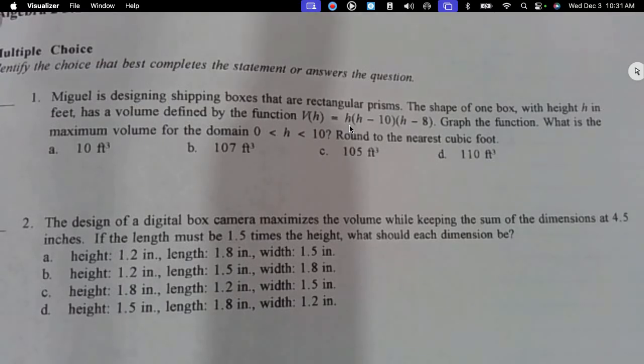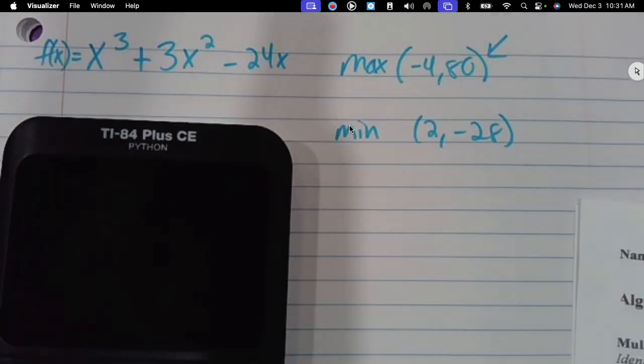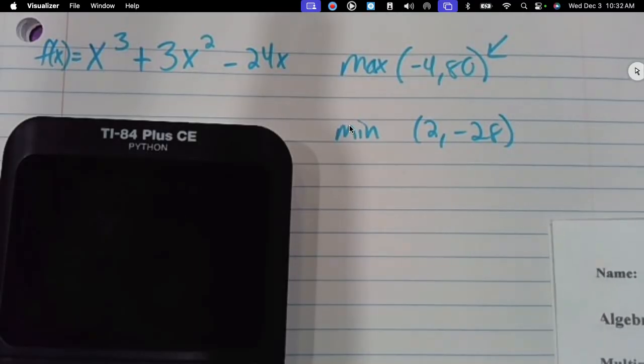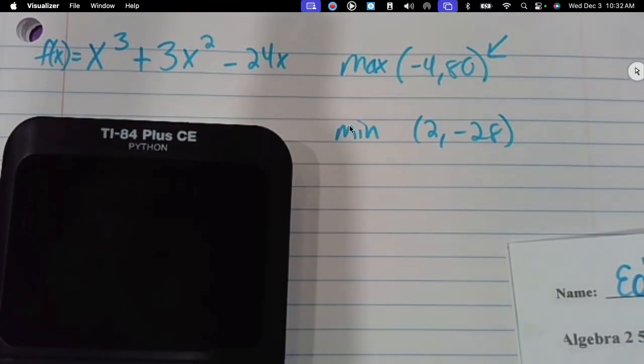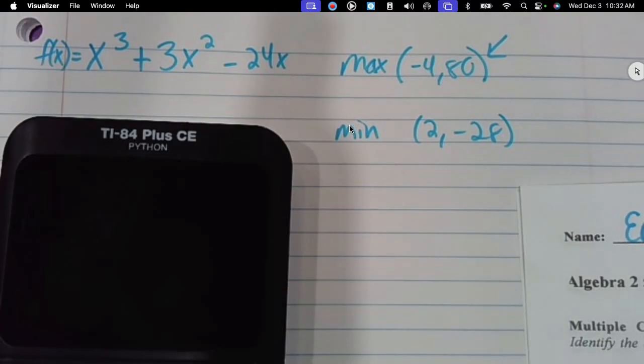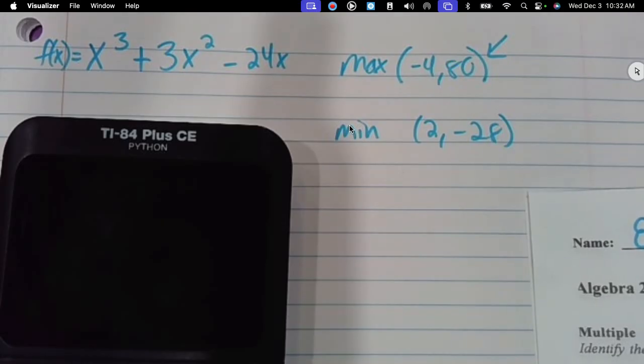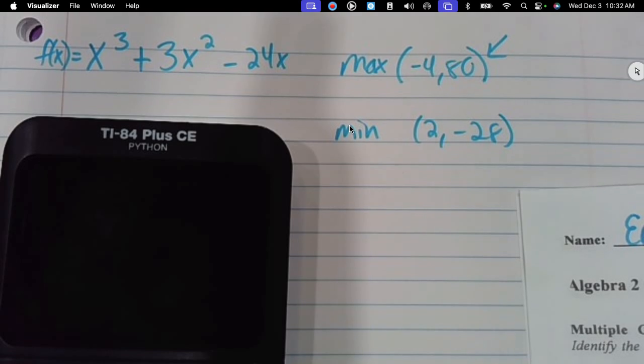All right, let's see. I'm going to move this paper. Oh, how convenient, I have my answers right here. It says, the design of a camera maximizes volume while keeping the sum of the dimensions at 4.5 inches.